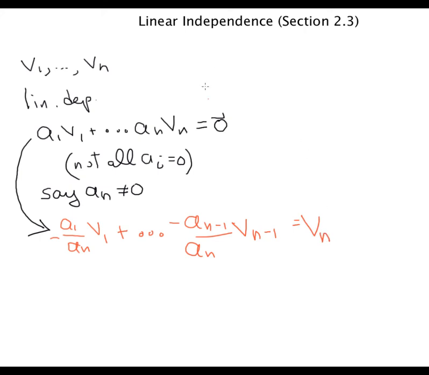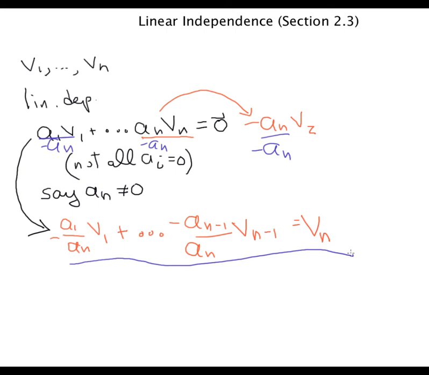So what I did is I brought this an vn to the other side and made it minus an vn. And then I divided both sides of this equation by minus an, and got this.